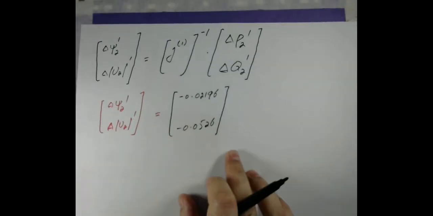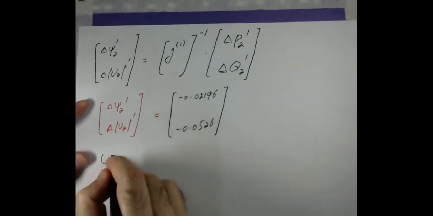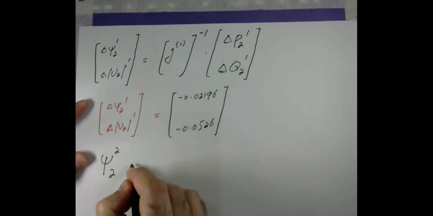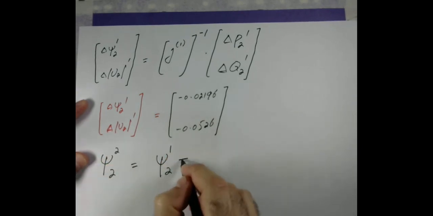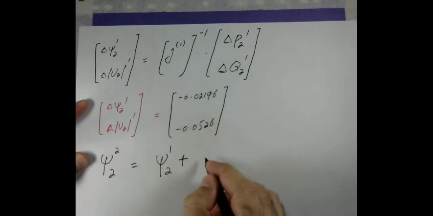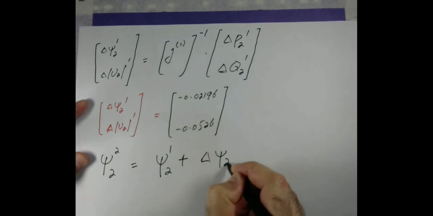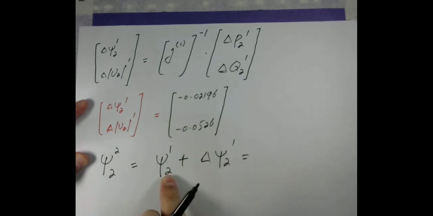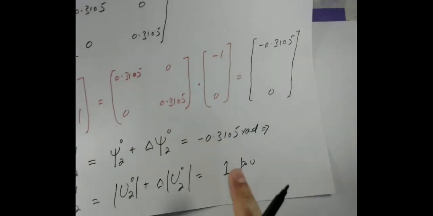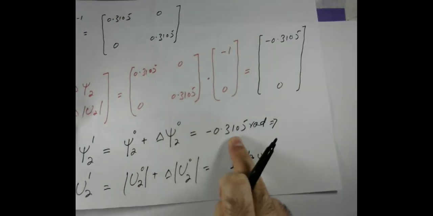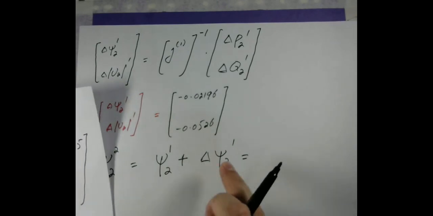So now psi 2 2 will be equal to psi 2 1 plus the error in this value, which is delta psi 2 1. Psi 2 1 was equal to this value, and now the error is this value.